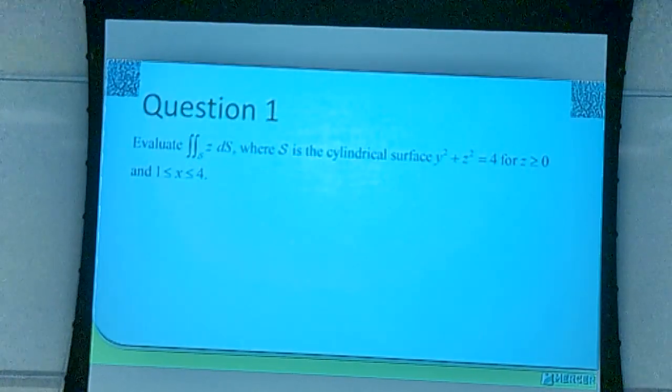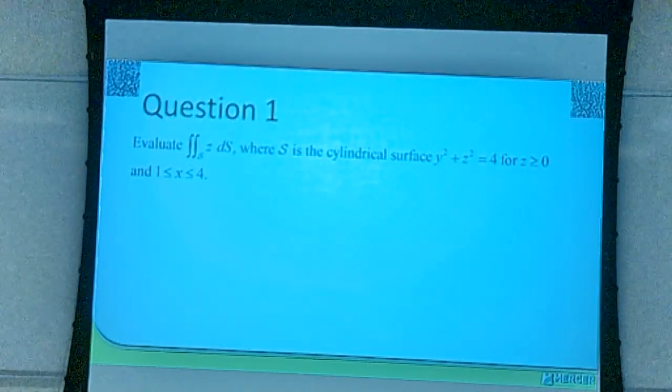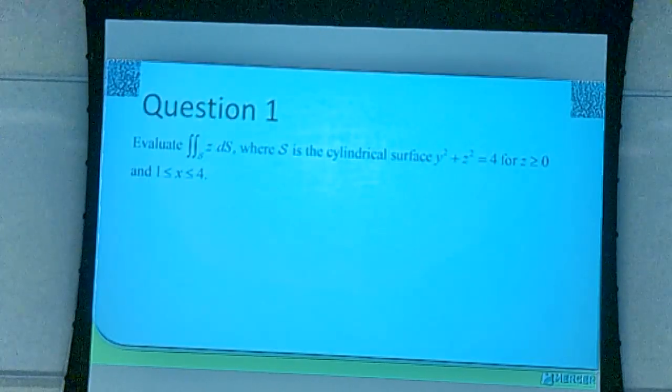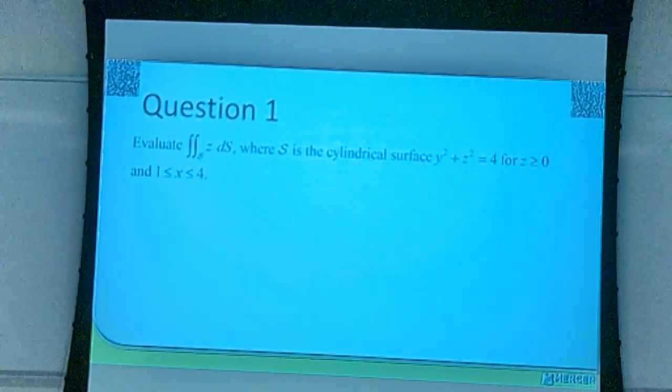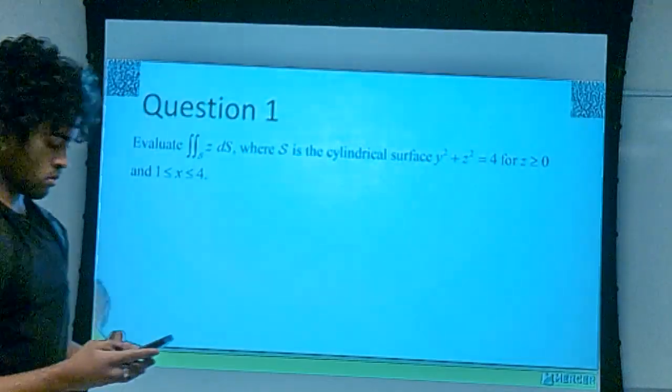So we need to parameterize that first. That's always the first step. I'm not going to go through the derivation; read through the book and look through the posted video.